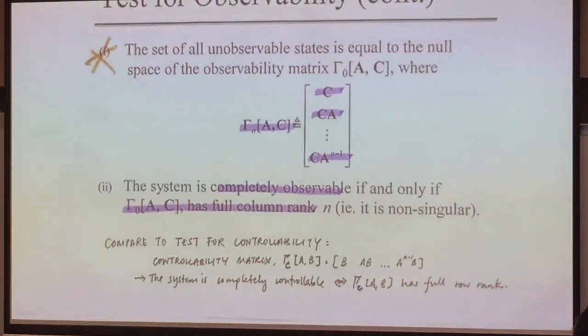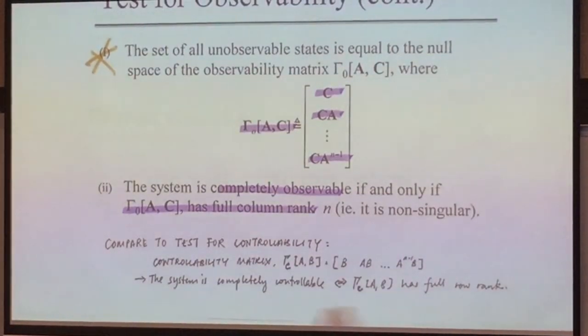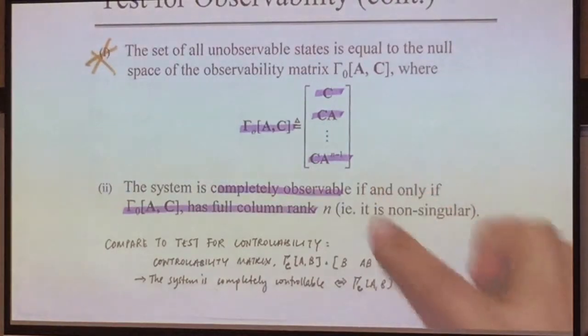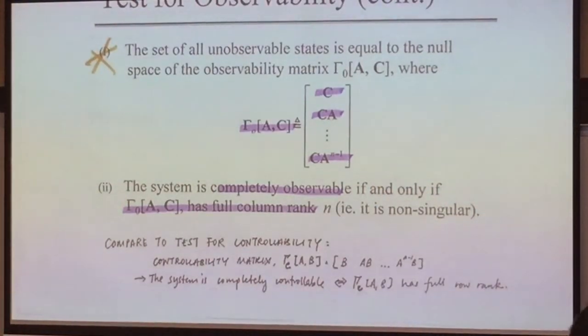Okay, so how do you test observability? Actually, this is exactly the same as in the previous one. Okay, I write this because I want to highlight to you that for controllability you check for full row rank and for observability you check for full column rank. Alright?